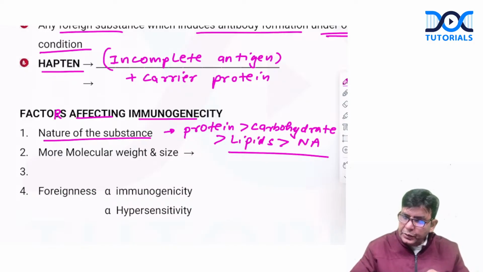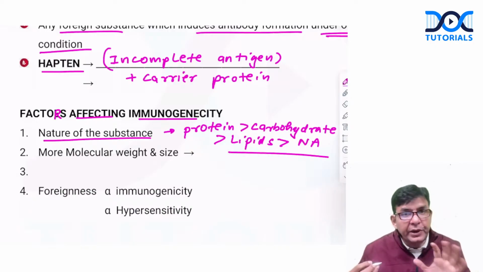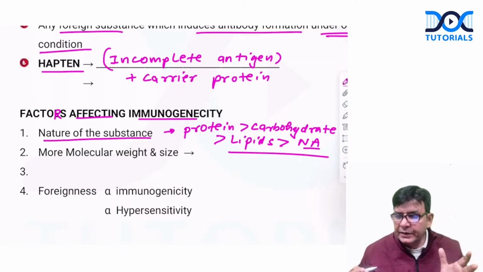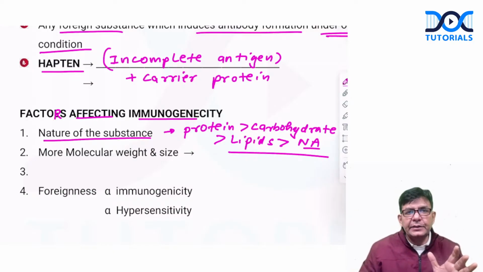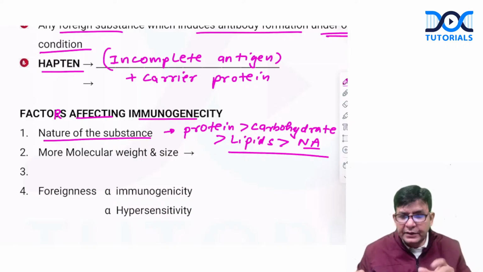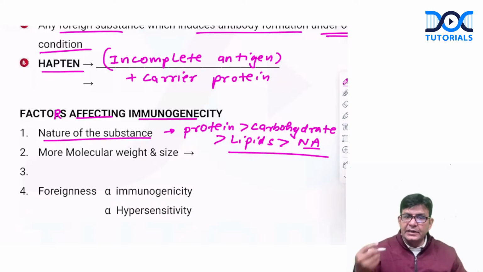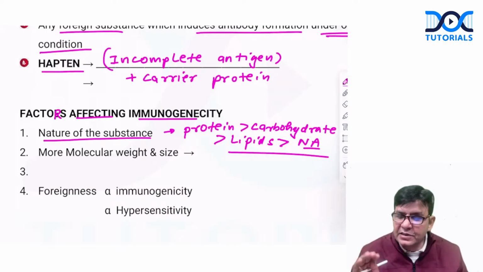So this you should know: proteins are the best antigens. Then comes the carbohydrate, then the lipids, and then comes what? Nucleic acid. And in nucleic acid, what do we have? We have this particular DNA of ours, and you know a disease in which antibodies are produced against this nucleic acid.